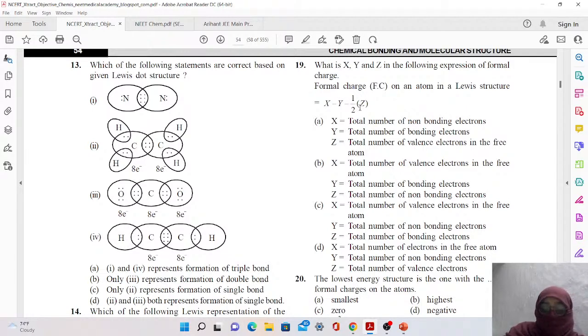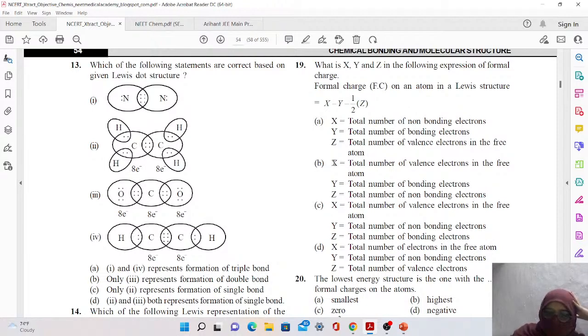I did not give you the formula with by 2, right? I just corrected that. We'll see with this math which option is matching. X is what? Is it the total number of non-bonding electrons? No, x always will be the number of valence electrons. That means A definitely will be the wrong answer. Let us just check B. X indicates the total number of valence electrons in the free atom.